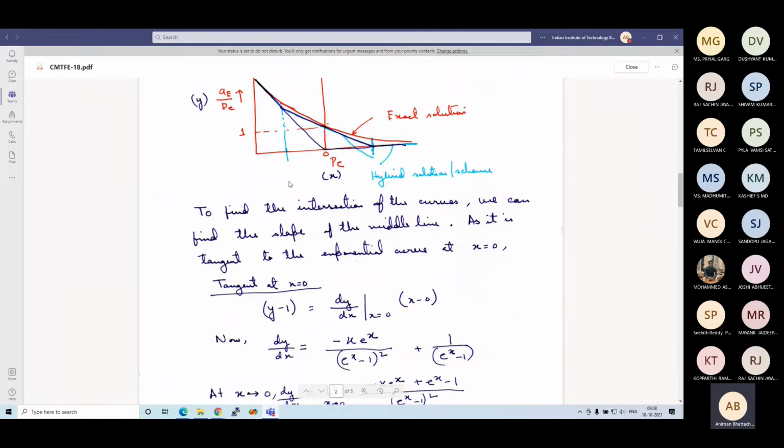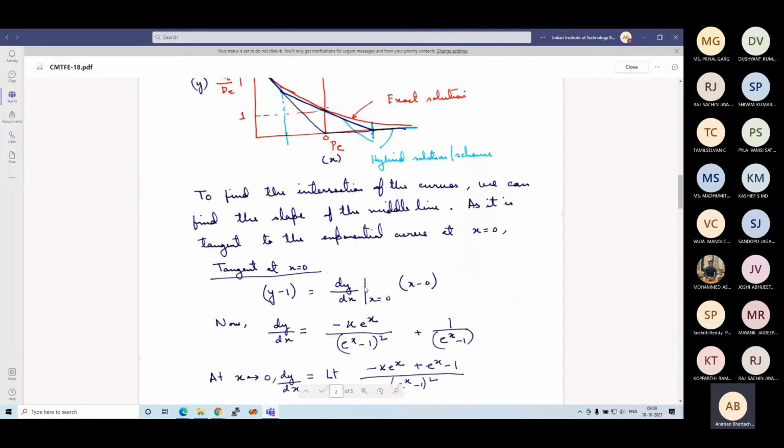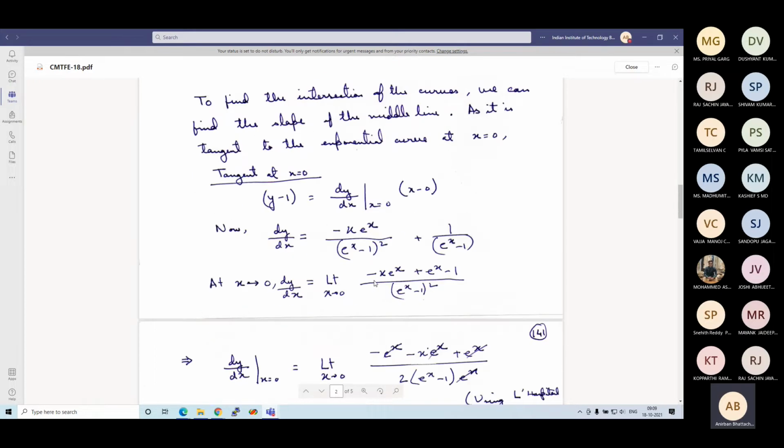So this was the hybrid scheme, and it is quite accurate and very easy to calculate, because there are no exponentials and only three straight lines need to be calculated, slopes and other things. The only problem is that there is still some inaccuracy or slight deviation from the exact solution in the region of Peclet number equal to 2, where the transition takes place.